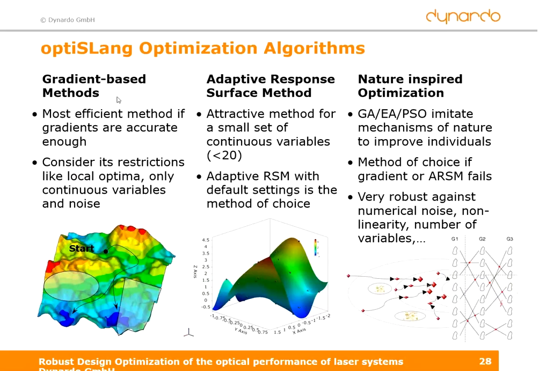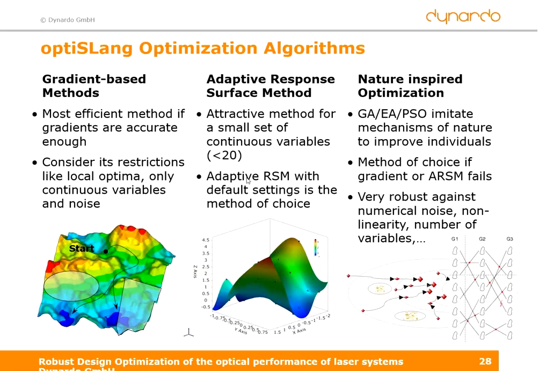For example, the gradient-based methods are mainly nice for very continuous variables and low noise. They are restricted, but they are very fast and go really close to the optimum.